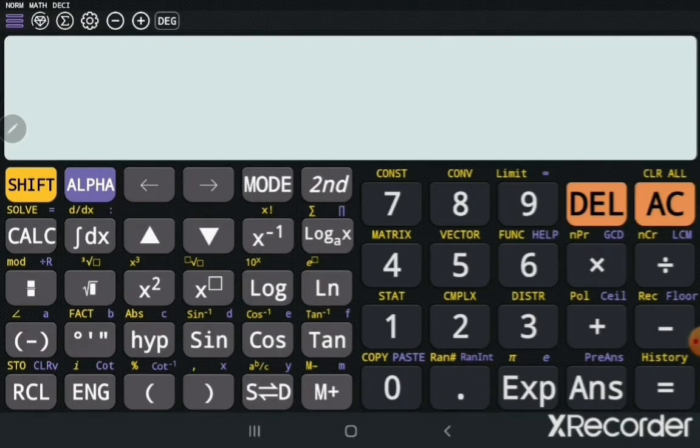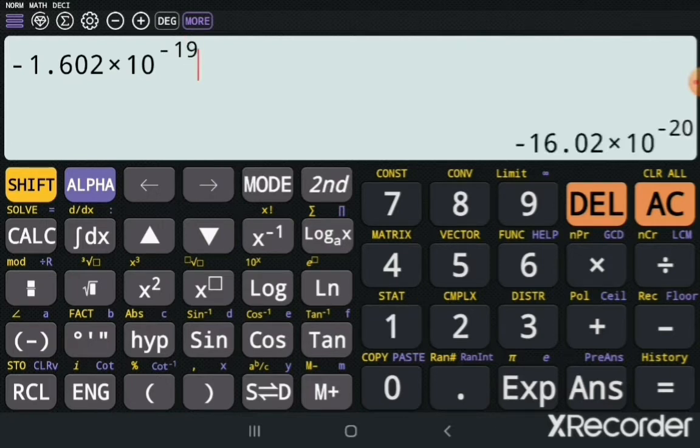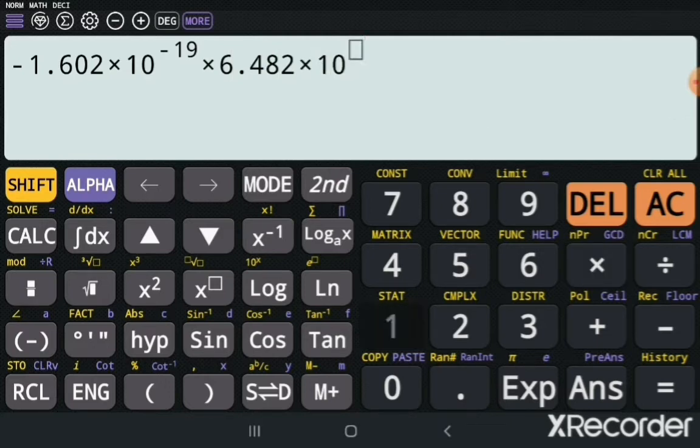So, we have negative 1.602 times 10 raised to negative 19 multiplied by your number of electrons, which is 6.482 times 10 raised to 17.